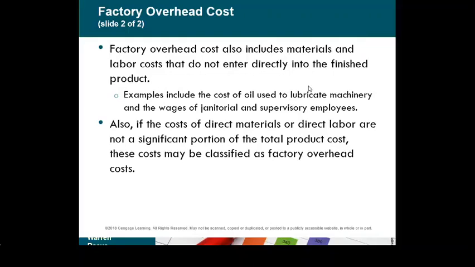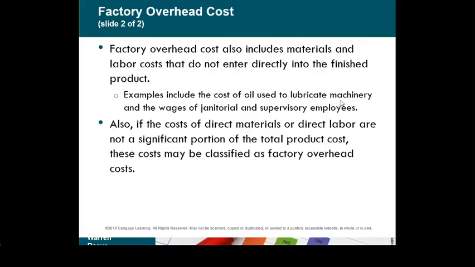So an example of indirect materials is the cost of oil to lubricate the machine just now. Okay, so in order for us to produce a product, we need to have a good machine which is maintained well and can work properly.